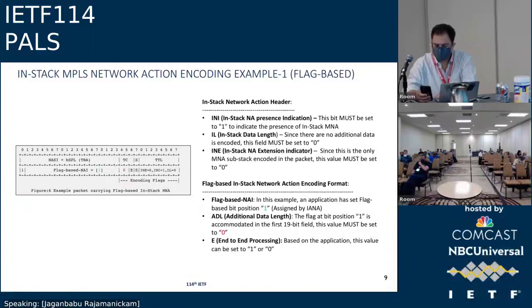Here the ADL field will be 0 because we are not adding any additional word apart from the general encoding flags. And in the end, as I told you before, the E bit is going to be set based on whether the processing is end to end or hop by hop. Next slide, please.